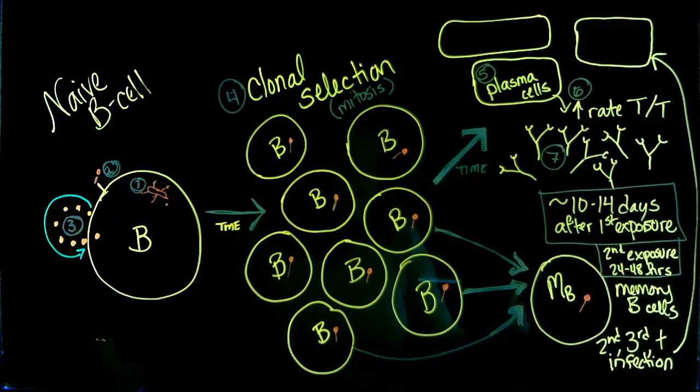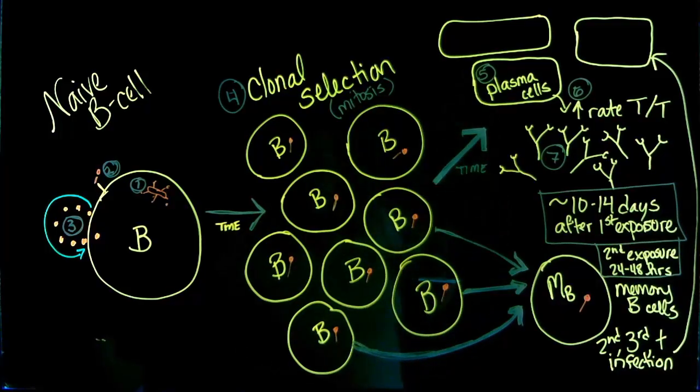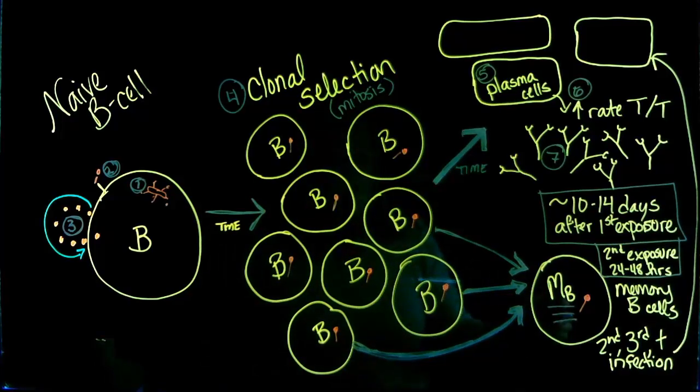As they go on reserve, we call those the memory B cells. So while 5 is happening and we're turning into plasma cells, at the same time, we're starting to crank out some memory B cells. And those memory B cells are then able to already know about the antigen.